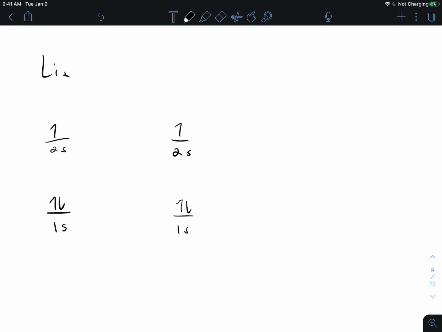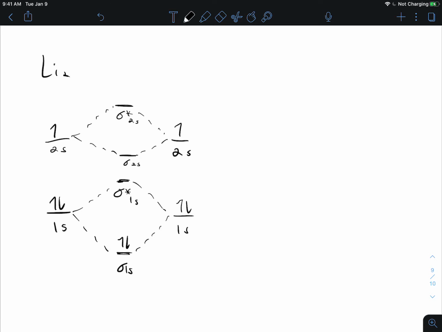It has no p's. Something like this, giving us a bond order of 1.